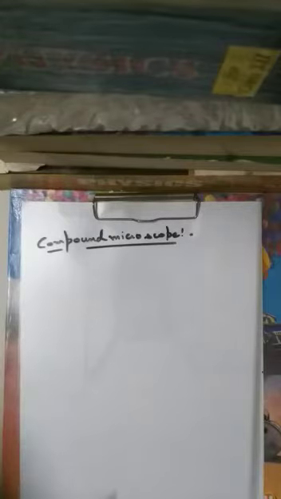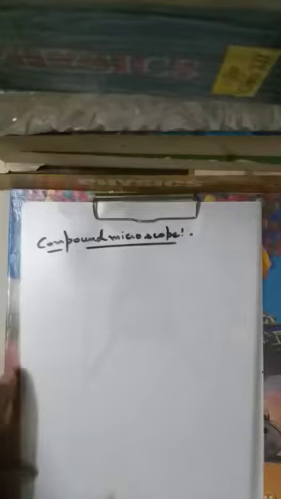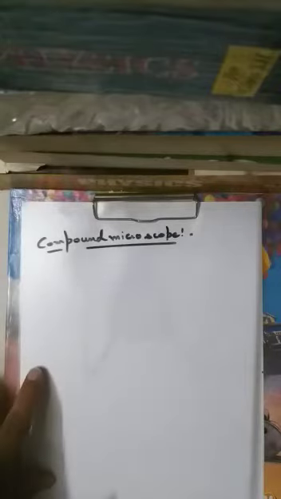Construction: it contains two convex lenses, one of short focal length known as the objective lens, another of large focal length known as the eyepiece. I start the topic with the working of a compound microscope.